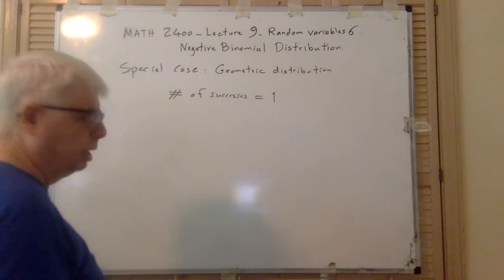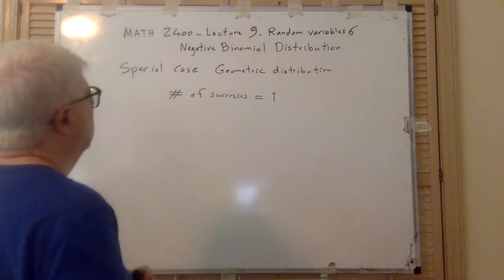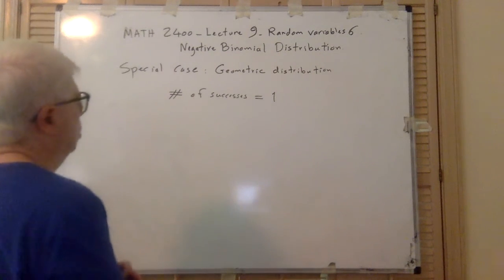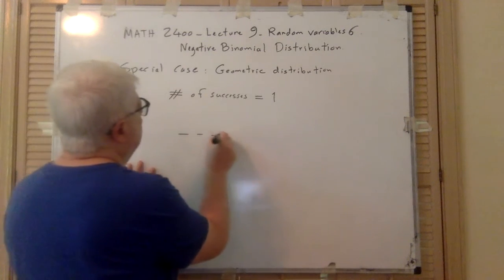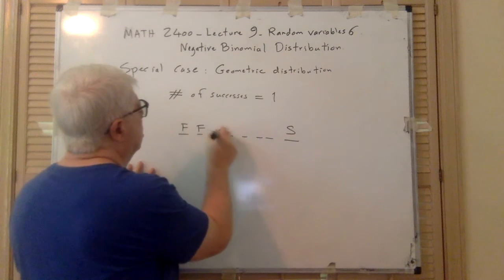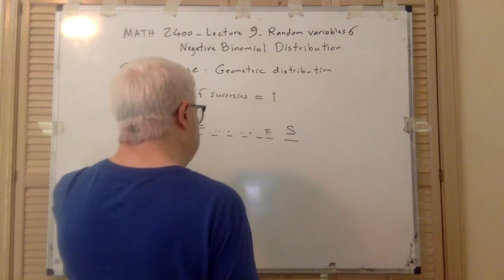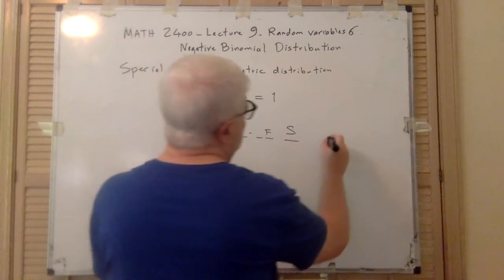Maybe that makes sense to those who are professional gamblers. So they just go like this, boom, boom, boom, boom, boom, so the last one is S, and they're all failures. And stop. So in this situation, R is 1.